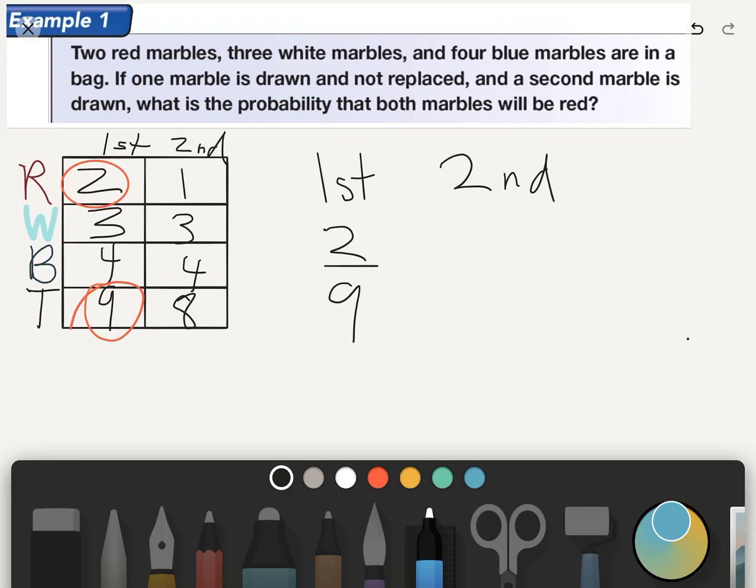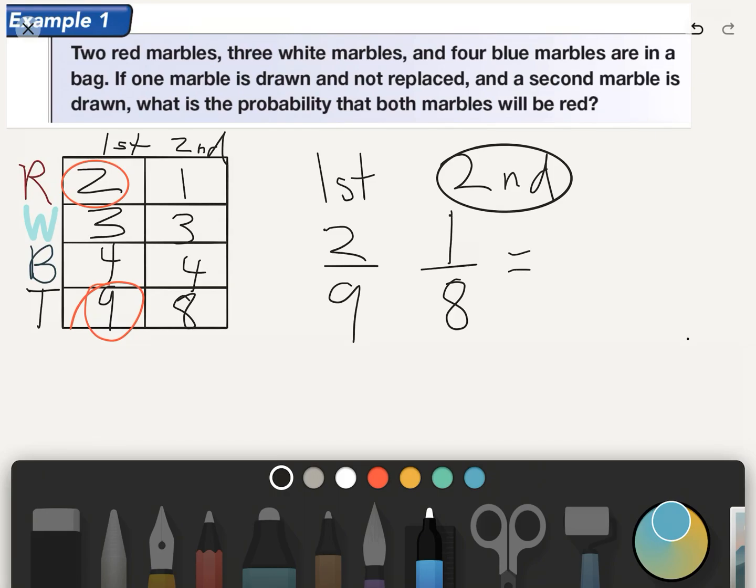So your second chance is a 1 in 8. So now the question is, what is our chance of, after the second event, us having 2 red marbles?